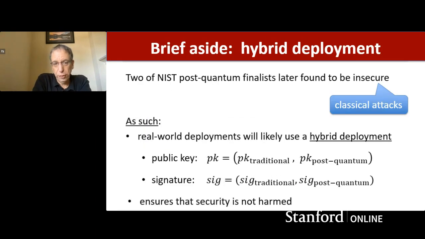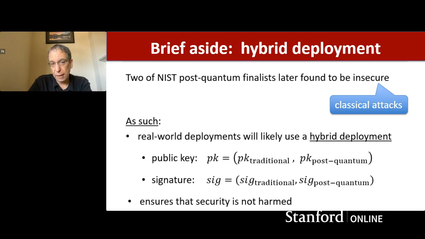Now, before we go into the problem I wanted to talk to you about, I wanted to mention quickly that, as many of you probably know, there's a NIST process for standardizing post-quantum cryptography, so cryptography that remains secure against an adversary that has access to a quantum computer.